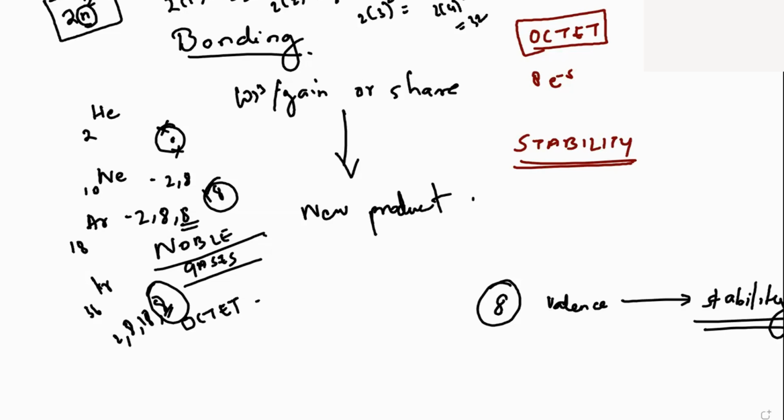To do that they take different routes, so it depends on the element. Metals usually have a very small number of electrons in their valence shell, which makes them lose their electrons easily to attain the octet. You get that?